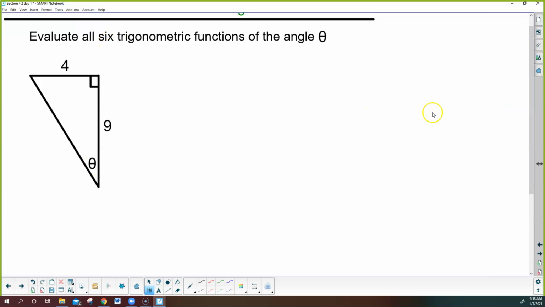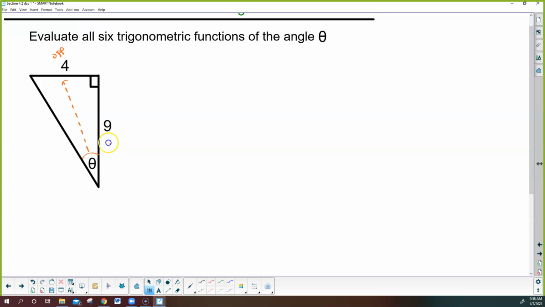Okay, so what I'd like you to do is go ahead and draw this picture right now. And as you're drawing it, we know that we have theta right here. And opposite of angle theta is the side length of 4.